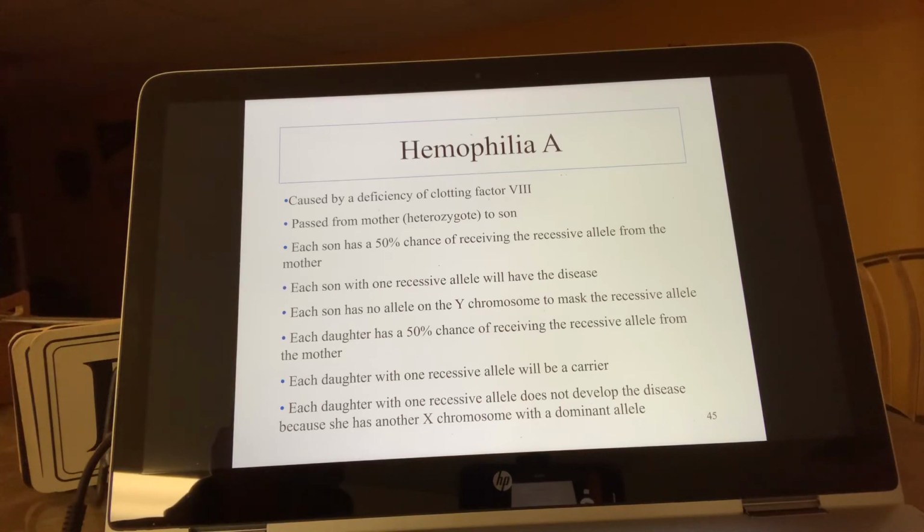If the mother is a carrier, she will pass on the allele to 50% of her daughters, but each of her daughters will be a carrier. She will not have any daughters that end up with the disease in this situation. One of the features of X-linked recessive inheritance patterns of diseases is that they tend to show up much, much more commonly in the sons than in the daughters.